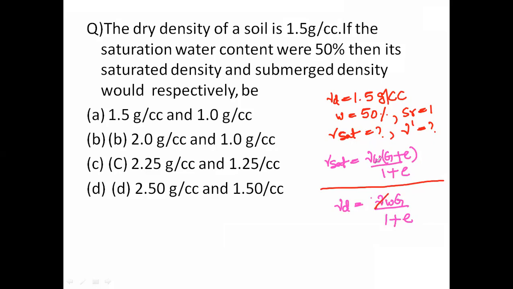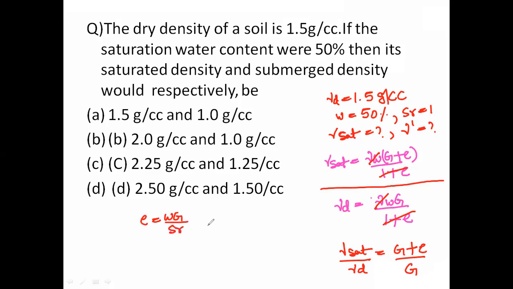When you divide, gamma w gets cancelled, 1 plus e gets cancelled. So I can write that gamma sat divided by gamma d is equal to (G plus e) divided by G. And I also know another equation, that e is equal to w G by Sr.